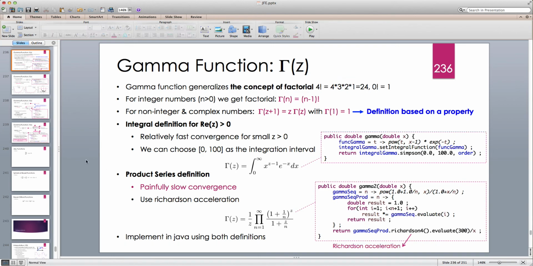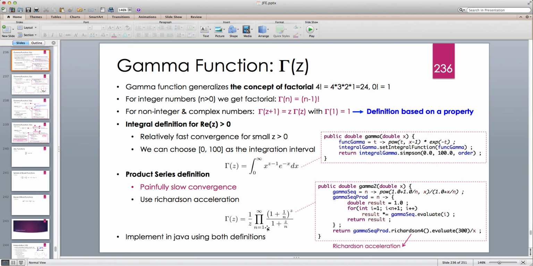But again, integration is not the most efficient way of calculating, so we want to always use power series for evaluating special functions that don't have an elementary representation. So this is Euler's definition. Euler was the first one to propose this series for the gamma function, and this is not a summation.